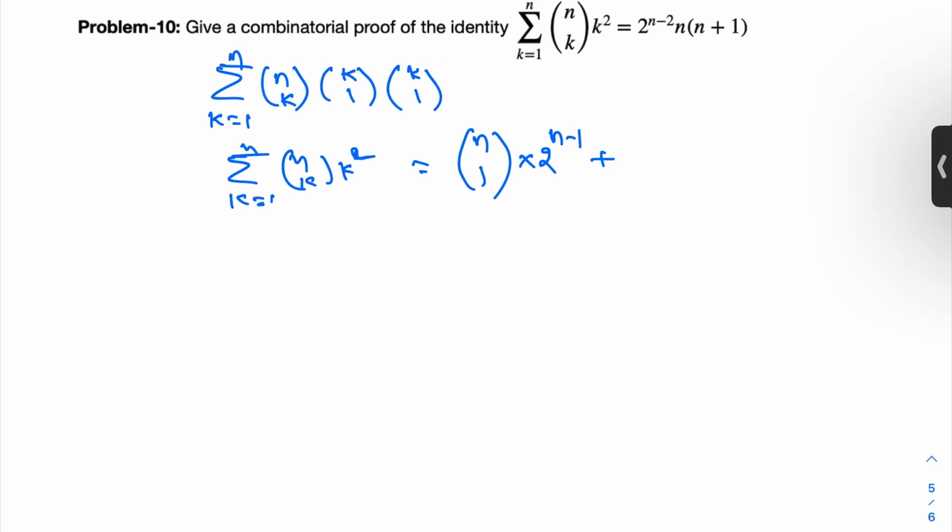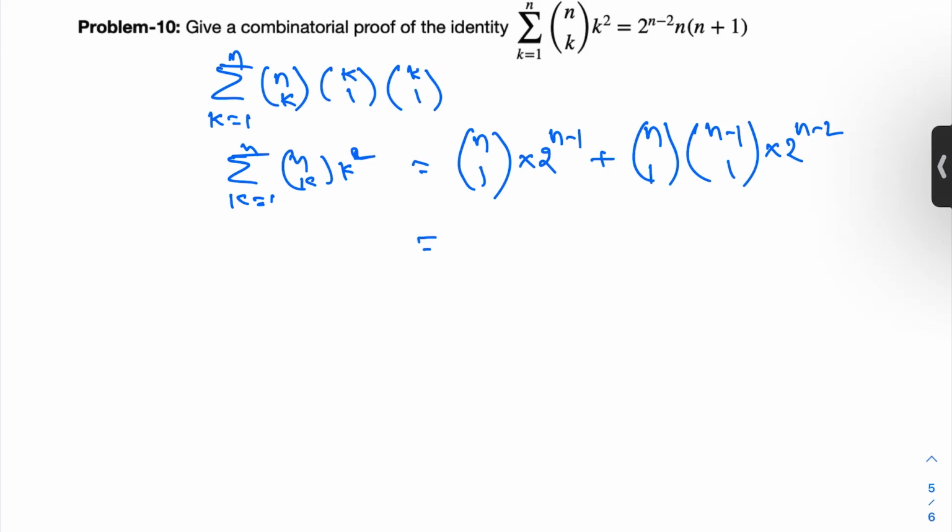For position 1 we need one person from n people. For position 2, from the remaining n minus 1 people we pick one, because we are picking two different people for two different positions. Then we have to form the remaining group. Now we are left with n minus 2 people, so there will be 2 to the power of n minus 2 subsets. So the remaining group can be formed in 2 to the power of n minus 2 ways.